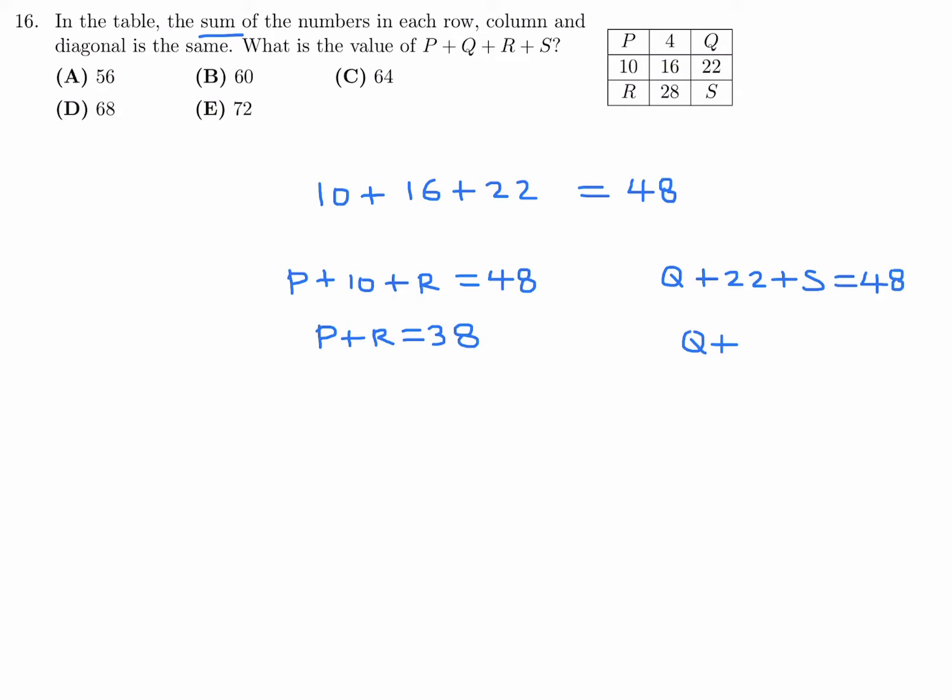And therefore, Q plus S is equal to 26. So they want us to find P plus Q plus R plus S. I guess we just have to add up all of these. And if you do, you get 38 plus 26, and that is equal to 64. So number 16, the answer is C.